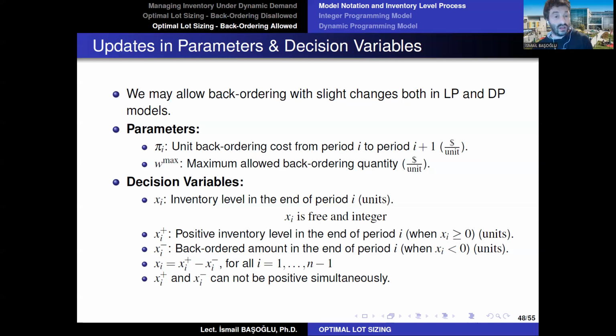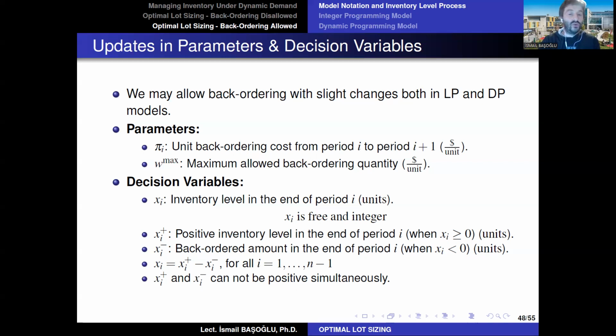Now, if you are allowed to end up with a negative level of inventory, the previous periods' demand can be met by future inventories. Basically, you are getting into debt to your customers. This is introduced to our problem as a negative inventory level at the end of a certain period.